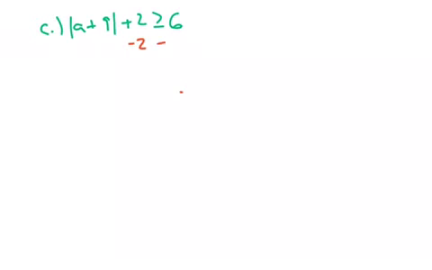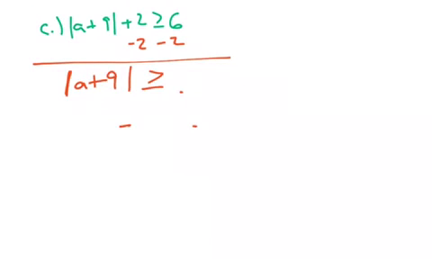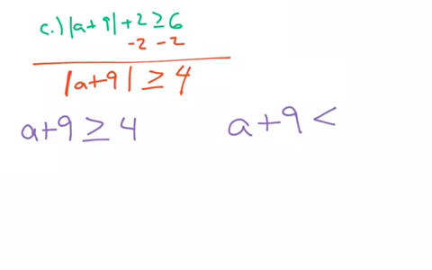Okay. The third scenario, same sort of idea. So we're going to start off by subtracting 2. A plus 9 is greater than or equal to 4. And then same old process, we're going to say that either a plus 9 is greater than or equal to 4, or a plus 9 is less than or equal to negative 4.